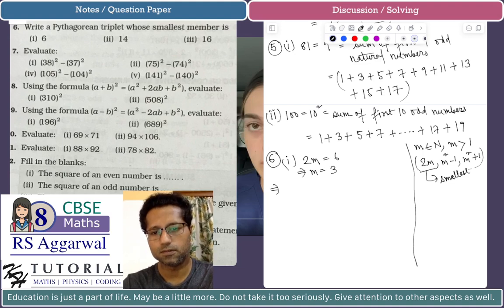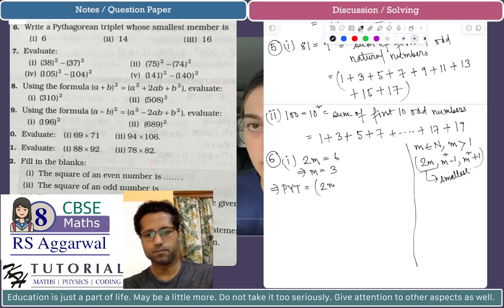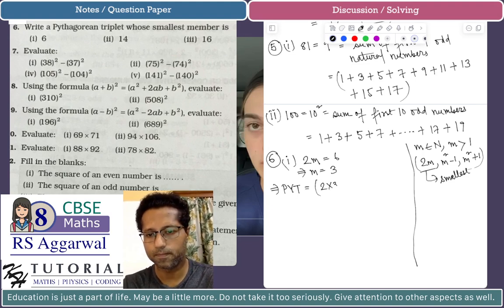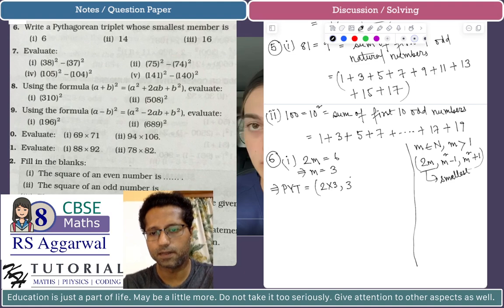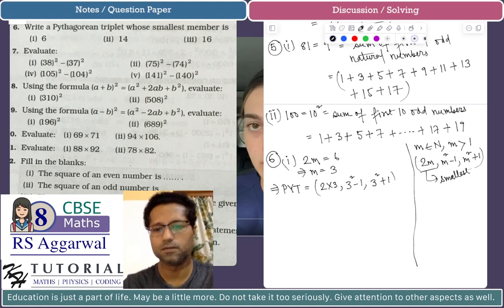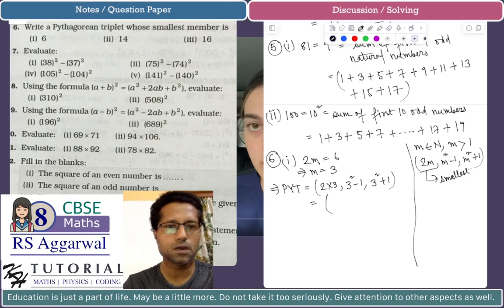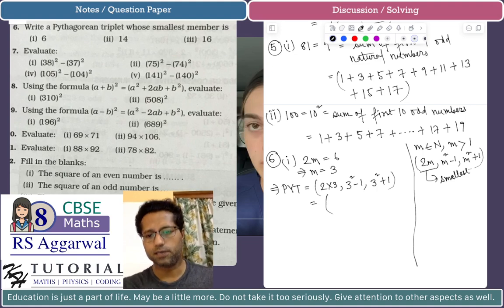This implies the Pythagorean triplet, which I am writing in short as P by T, is equal to 2 into 3, 3 square minus 1 and 3 square plus 1. This is equal to 6, 3 square is 9, minus 1 is 8, and 10.